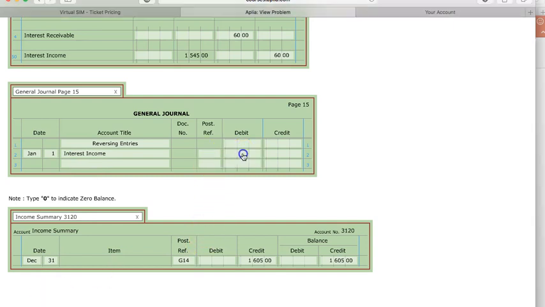And we are just doing the opposite. So we would debit our interest income and credit our interest receivable, $60.